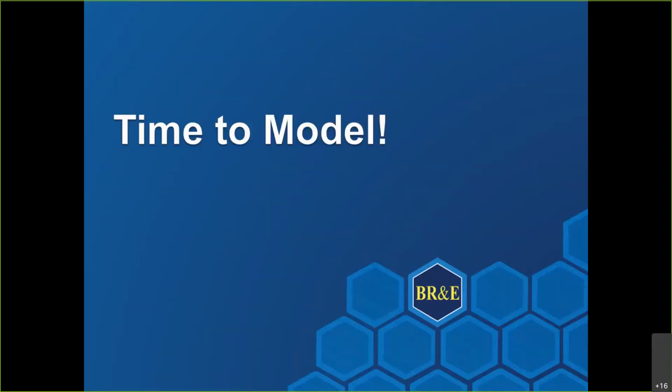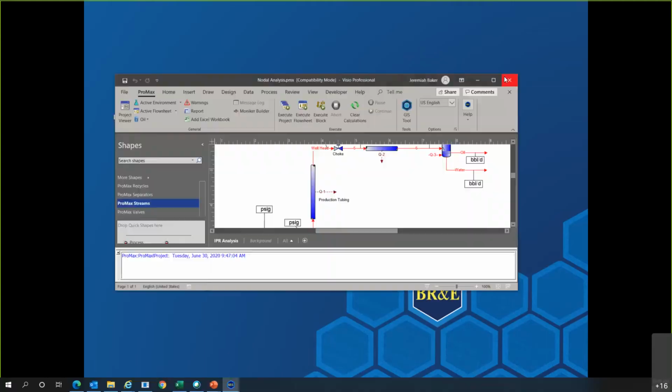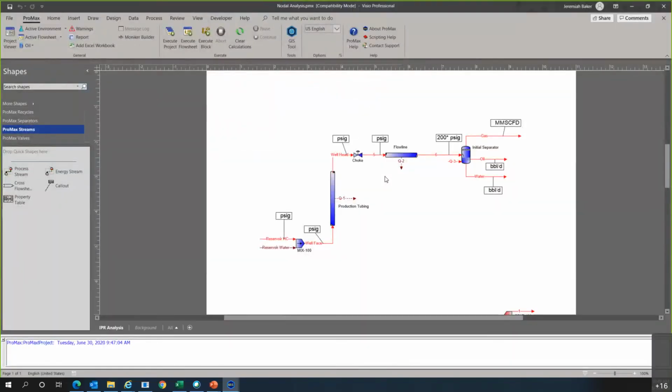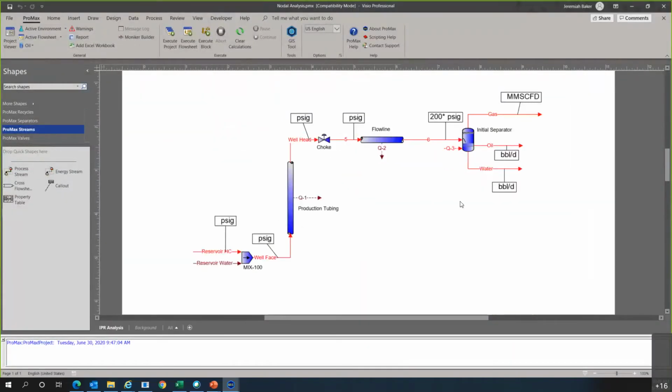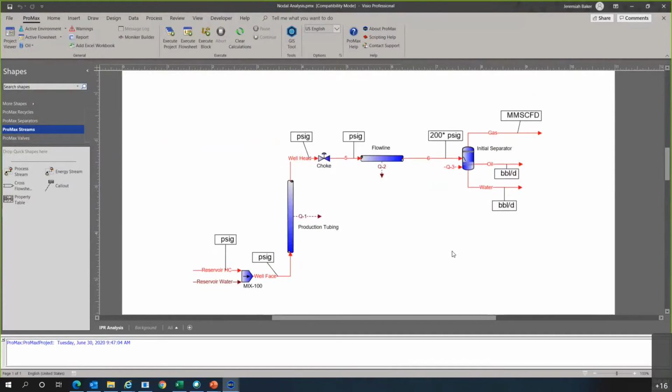So I'll go ahead and open up a model that I've set up for this exercise. Surely familiar because we've seen bits and pieces of it as I've gone through my presentation. But we'll see what will be a comprehensive view of our production tubing all the way through our initial separator. So we do have a reservoir hydrocarbon stream and water stream.